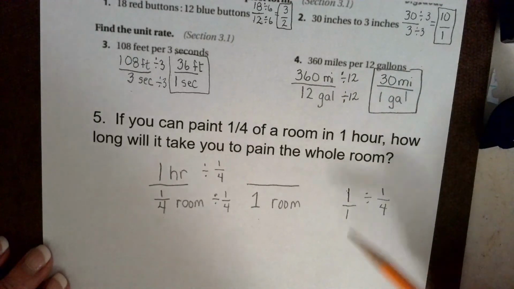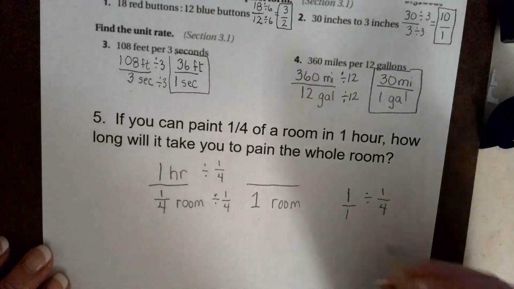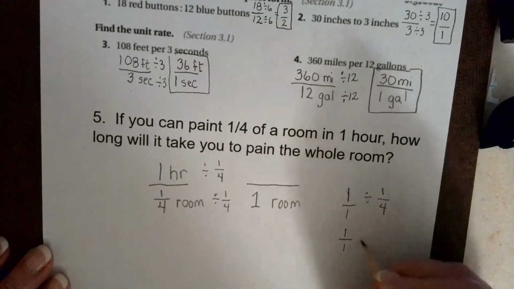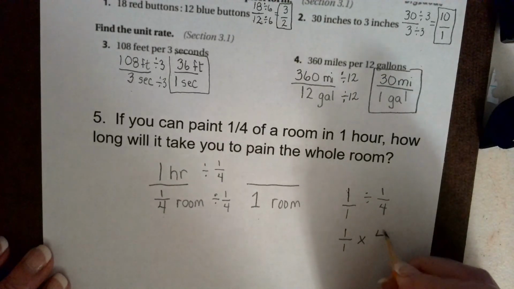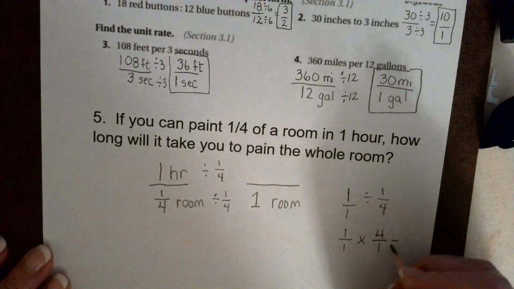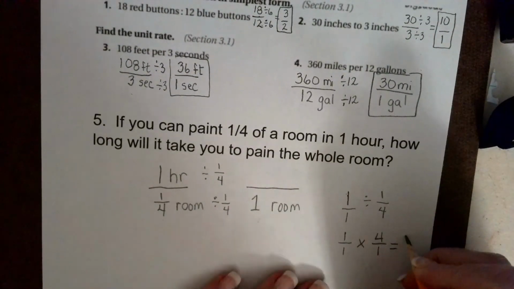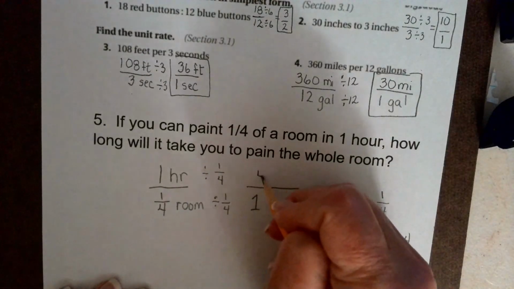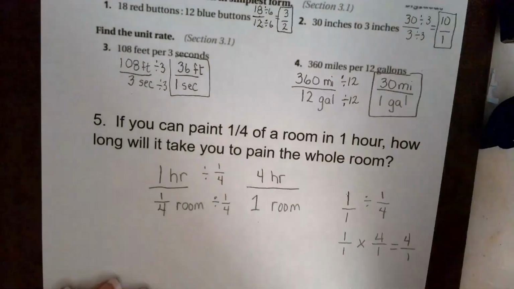So we've got 1 over 1 divided by 1/4. And we keep that first one, change to multiplication, multiply by 4. So we've got 4 over 1. So it would take us 4 hours.